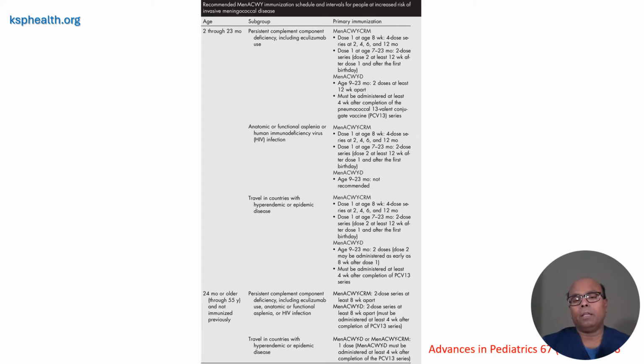And this again is 2 months to 23 months and 24 months up to adult age. The vaccinations are very similar, but the dosing and the frequency differ between these 2 age groups.